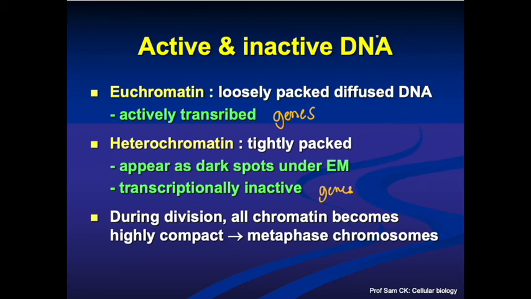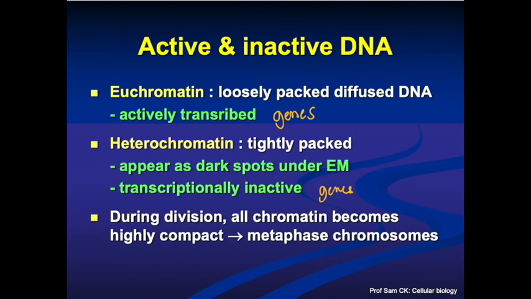If they are densely packed, then you know that for transcription we require enzymes, for example the RNA polymerase. So if they're tightly packed, RNA polymerase cannot go to the DNA and transcribe. So the structure over here is usually associated with the transcriptionally inactive form of the DNA and appears as dark spots under the electron microscope.